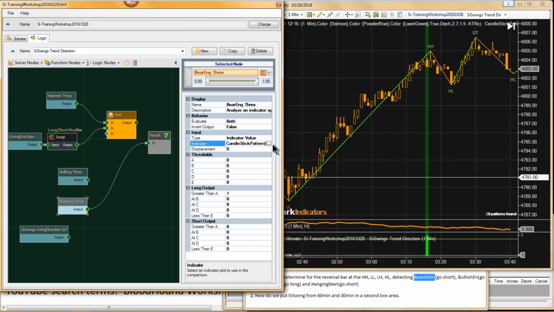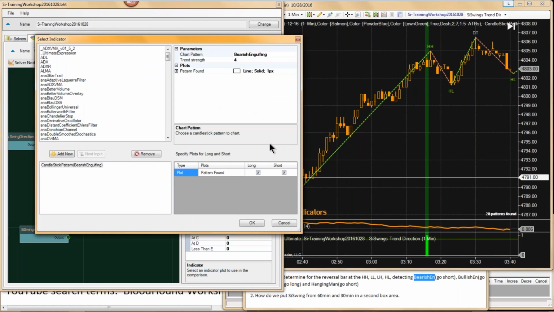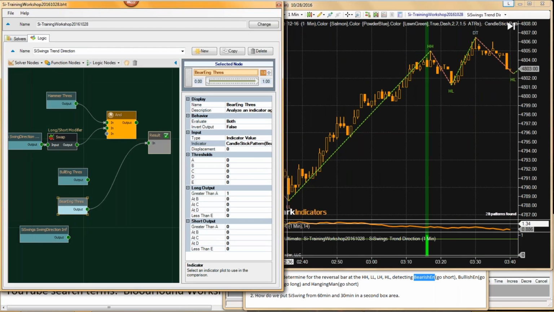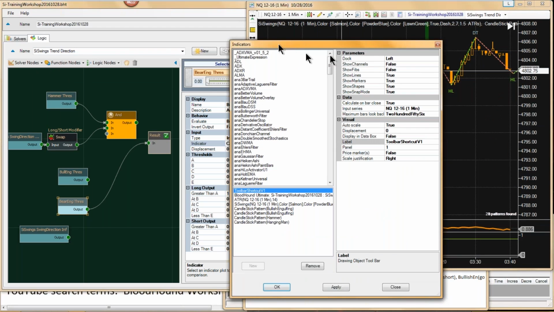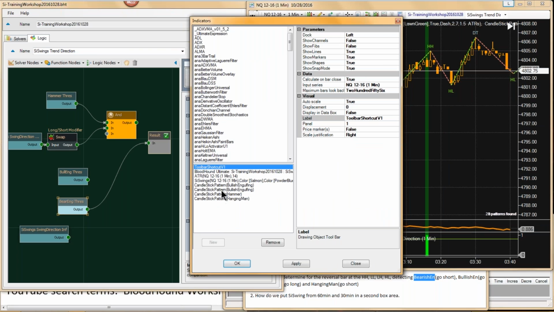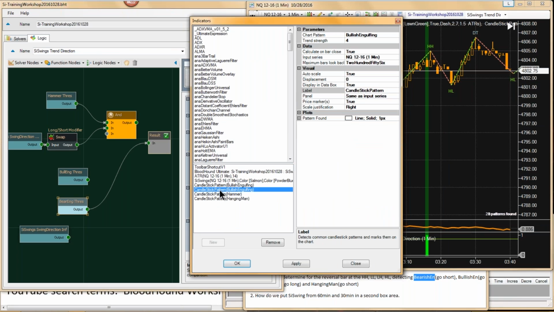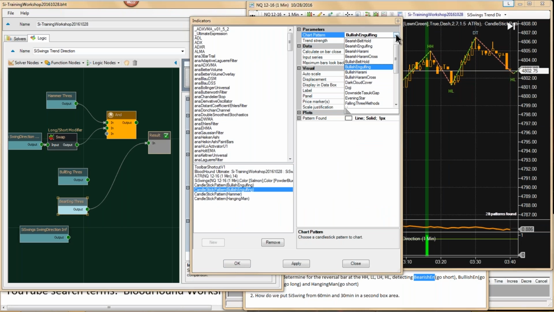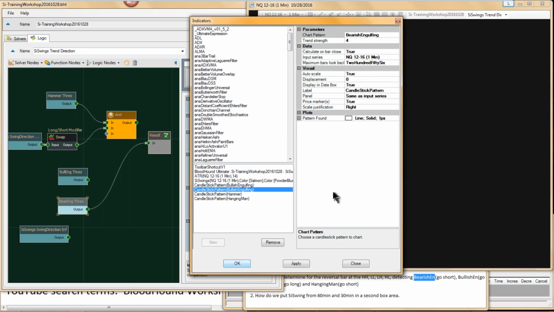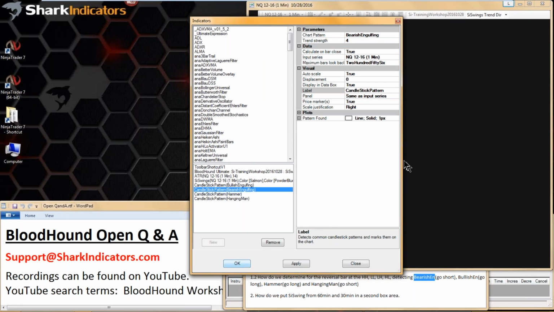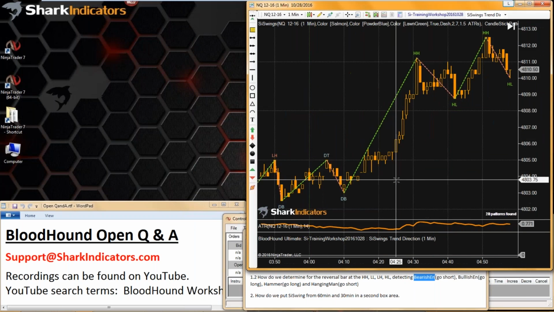Let's see. Let me just double check here. Bearish engulfing. Let me check my indicators on the chart. Maybe I set, oh, okay, yeah, I set up two bullish engulfings, no wonder. Okay, there's a bearish engulfing. Okay, now it makes sense.